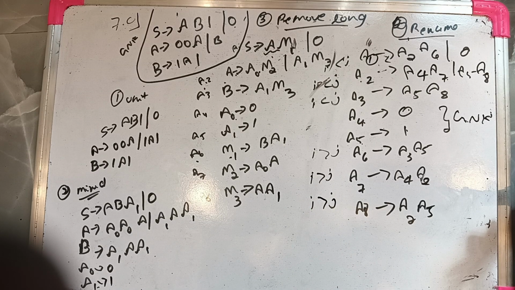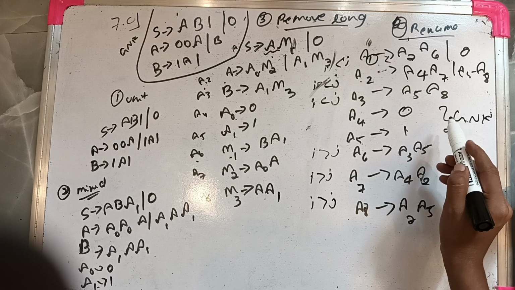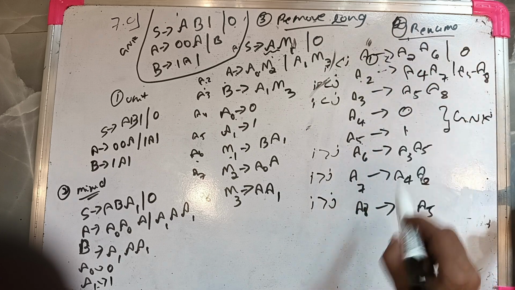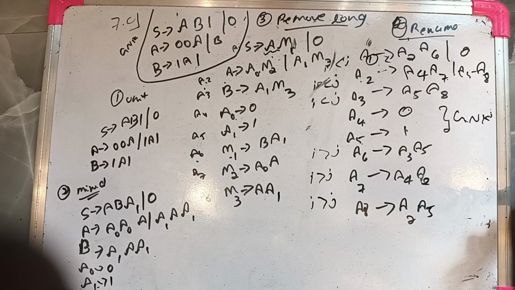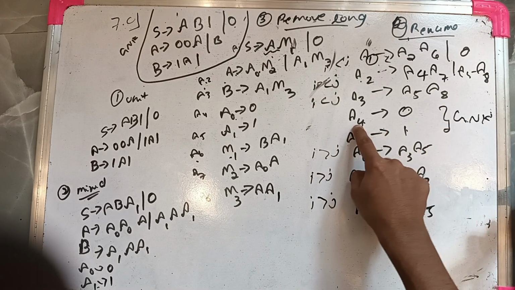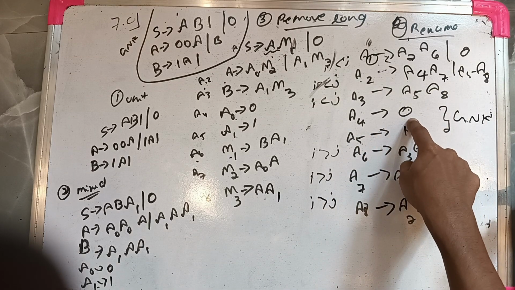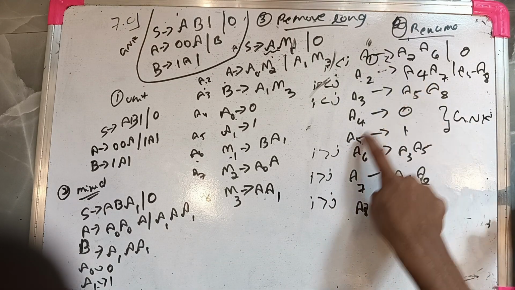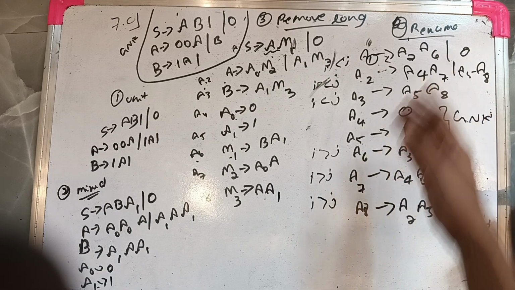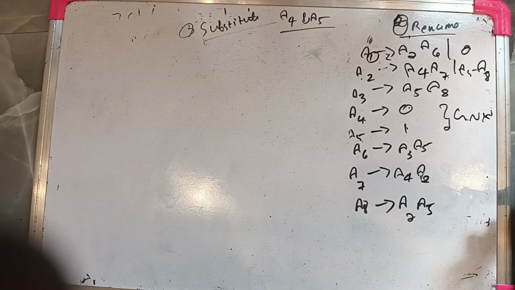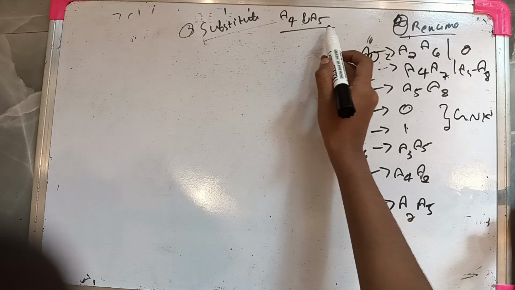So after that we need to substitute the GNF wherever it is present. That means A4 gives 0, we need to substitute here, and A5 gives 1, we need to substitute here, in that way, okay? Next, start substituting A4 and A5.